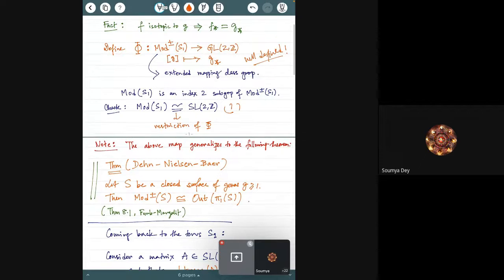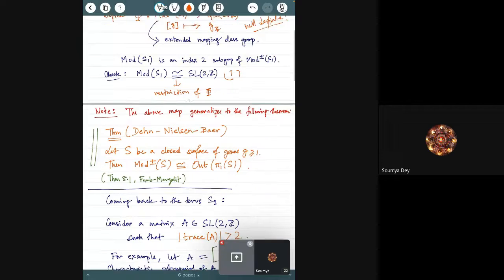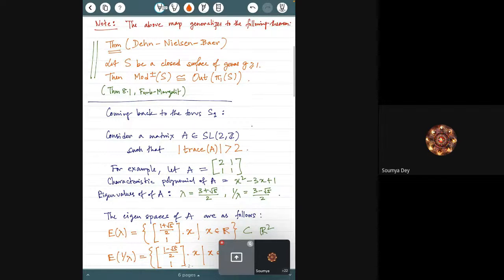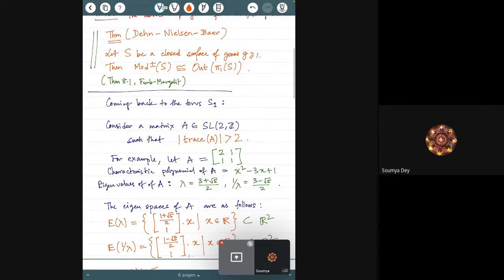Now, the same construction can be generalized to surfaces of genus greater than or equal to 1 also.